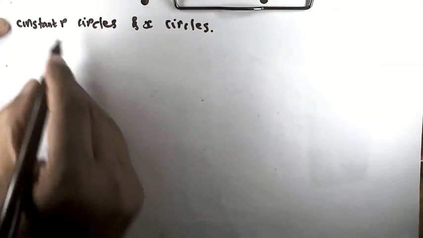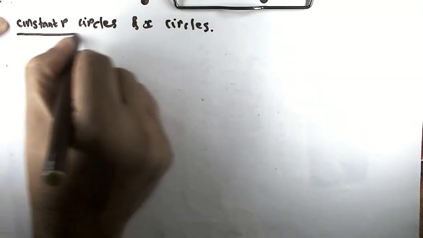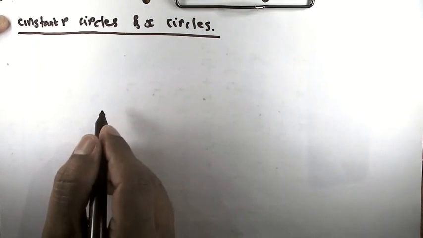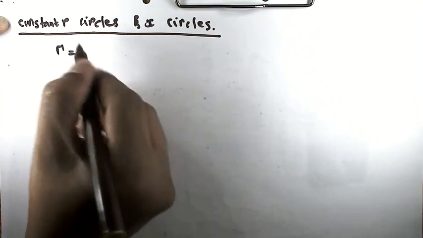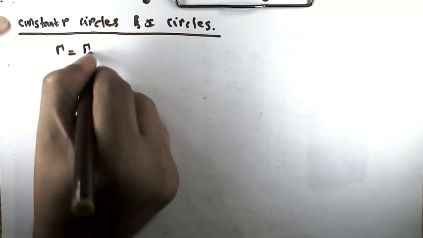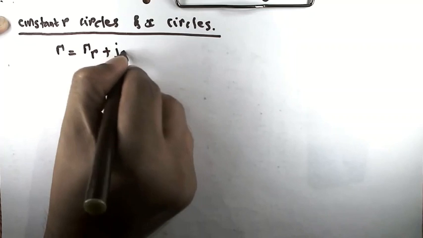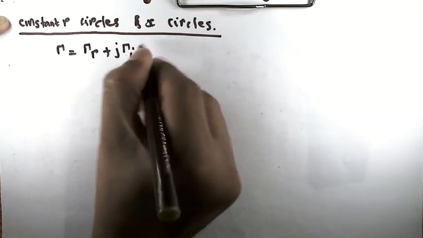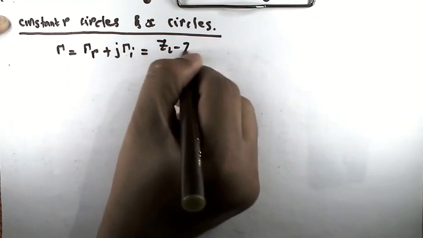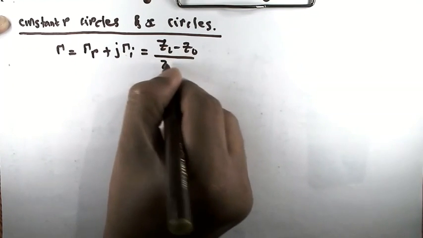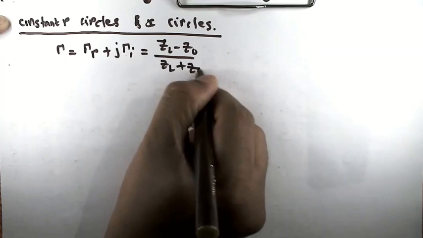For obtaining these constant R and X circles, we will use our previous relation: gamma can be written as gamma r plus j gamma i, which is equal to ZL minus Z0 over ZL plus Z0.